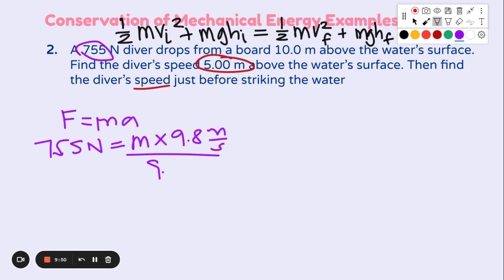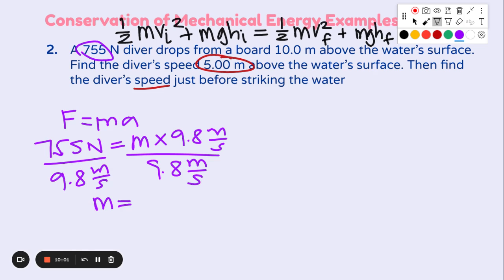So you divide both sides by 9.8 meters per second squared. You're going to get his mass to be equal to 77 kilograms. Okay, hold up, and I'll have some work for you.